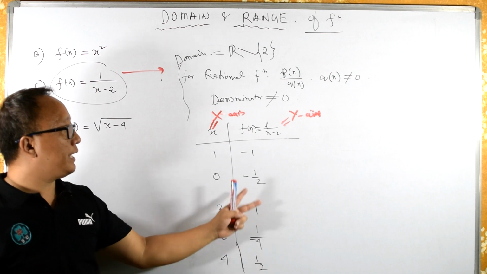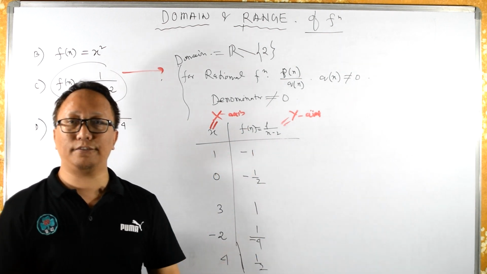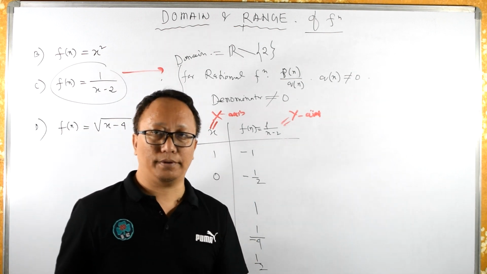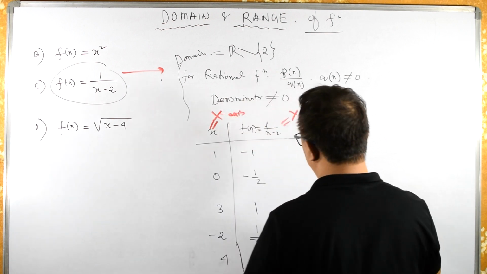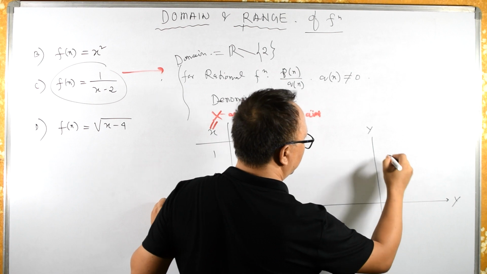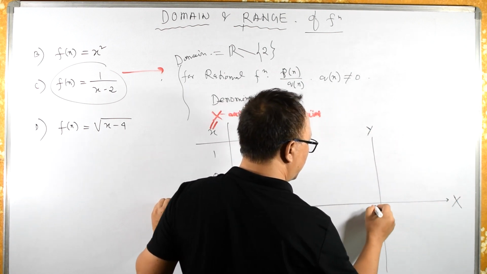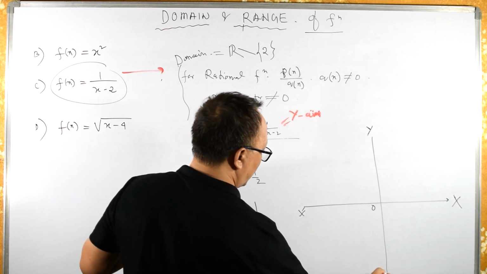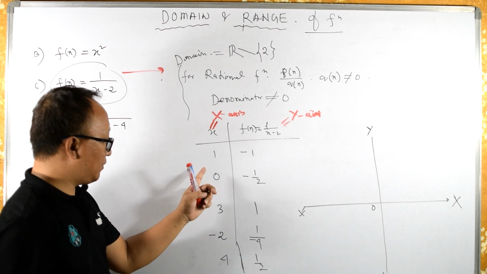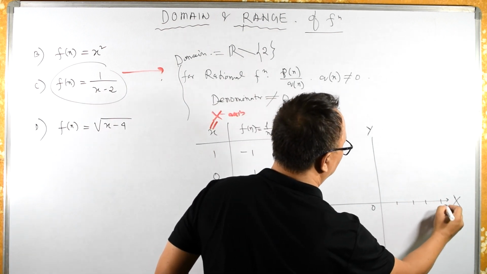In order to find its range, let's draw a graph and see how it works. What is the nature of the graph? We'll come to know and find out its range. Let's consider this is the y axis and this is the x axis, x' of x, y' of y. Now the maximum value of x is 4, so I can write 1, 2, 3, 4.